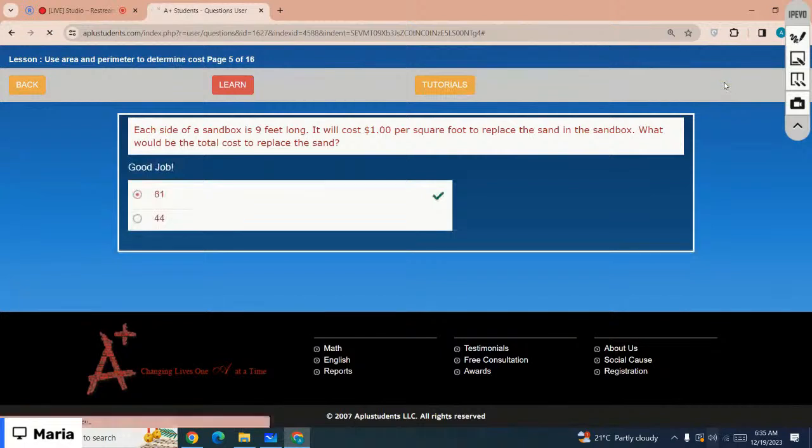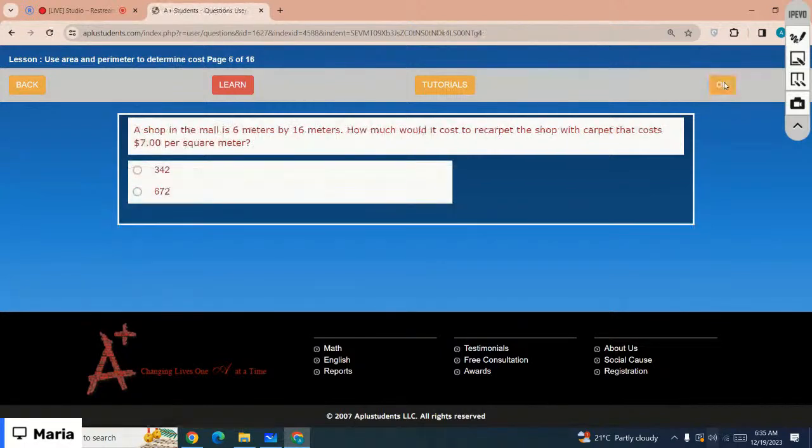Okay, the next one is: a shop in the mall is 6 meters by 16 meters.